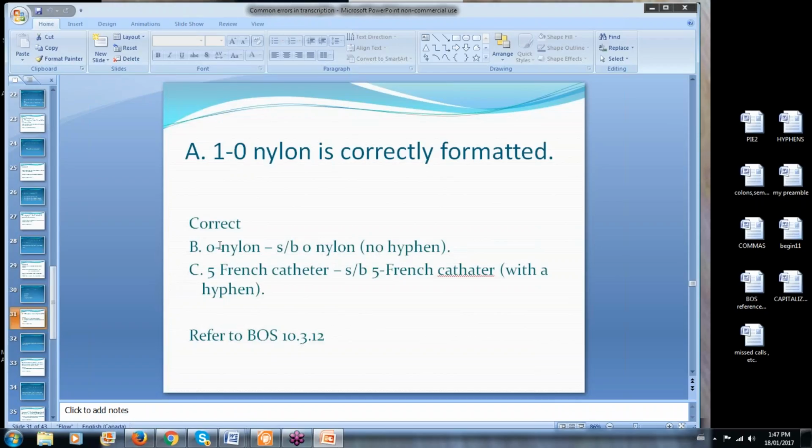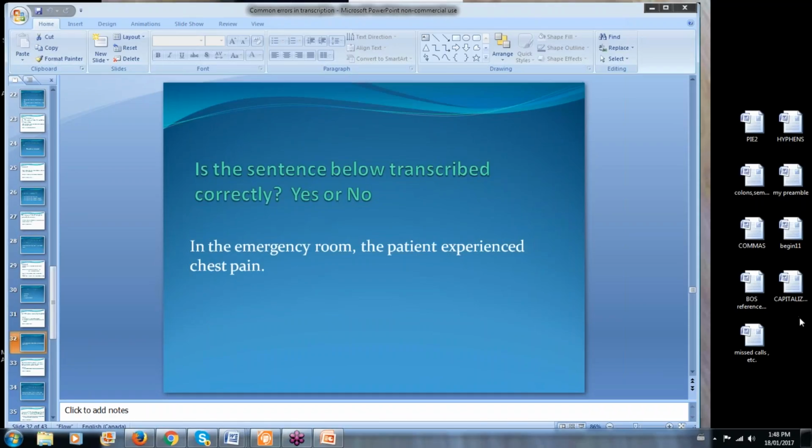The correct way for B should be 0 nylon, no hyphen. And the correct way for C would be 5-French catheter, with the hyphen. So refer to BOSS 10.3.12. That shows you your sutures and catheters and whatnot, so you'd know whether to use a hyphen or not. Was everybody clear on that one?